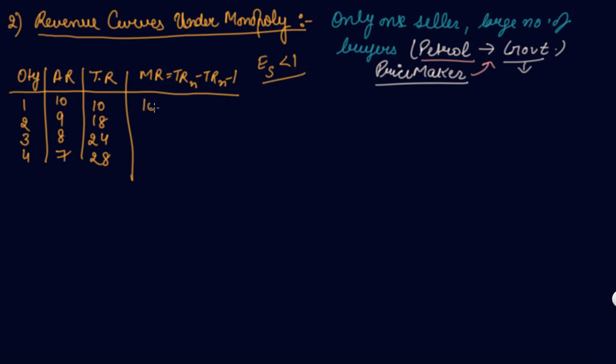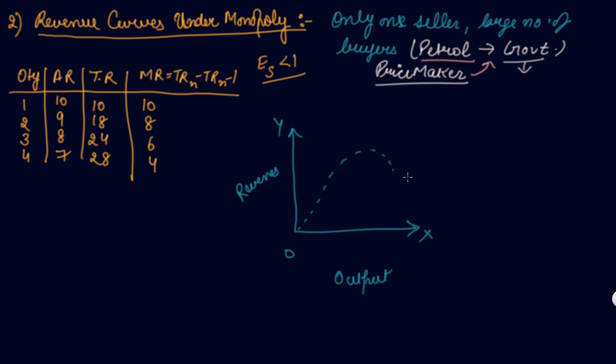So you can have your marginal revenue 8 and then 6 and then 4. Let's take it on the graph. Output and your revenues. The revenue curve is like this only. If I plot your marginal curve, then 1, 4.